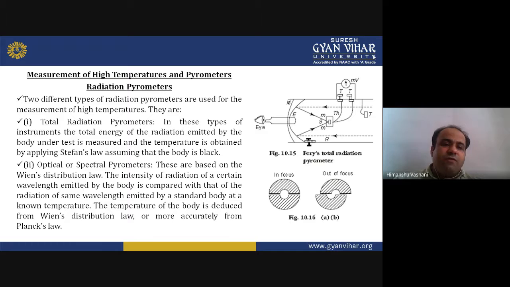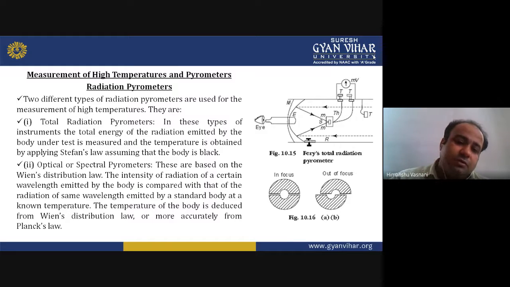These are based on Wien's distribution law, where the intensity of radiation of a certain wavelength emitted by the body is compared with that of the radiation of the same wavelength emitted by a standard body at a known temperature.